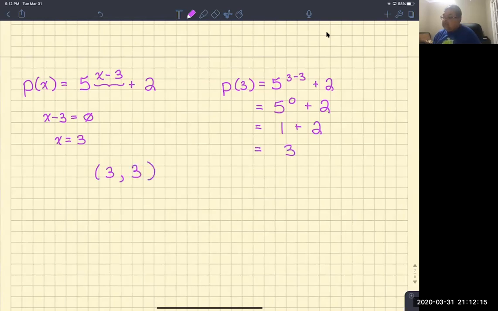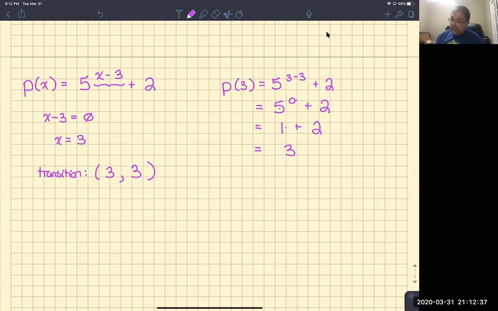So when x is 3, y becomes 3 as well, because 3 minus 3 is 0, and 5 to the 0 is 1. 1 plus 2 is 3. So the transition point is 3, 3.